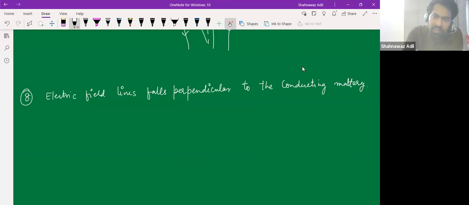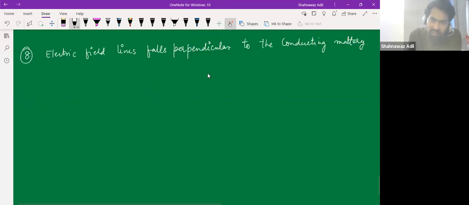So let's say we have this conducting sheet, and we have this charge which is kept here. So this is a conductor, right?